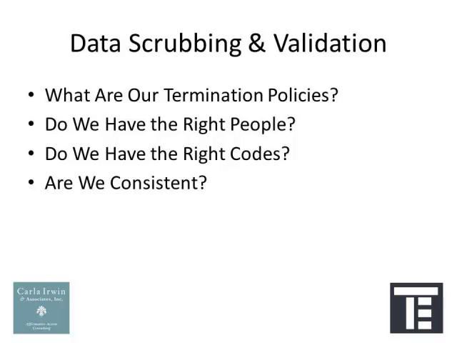And if there's variation in entries, computers are stupid, so they're going to treat those variations as different entries. So if you have a termination reason code, better opportunity that's spelled out, and you have a different one that says better opportunity elsewhere, the computer is going to treat those two as different entries.